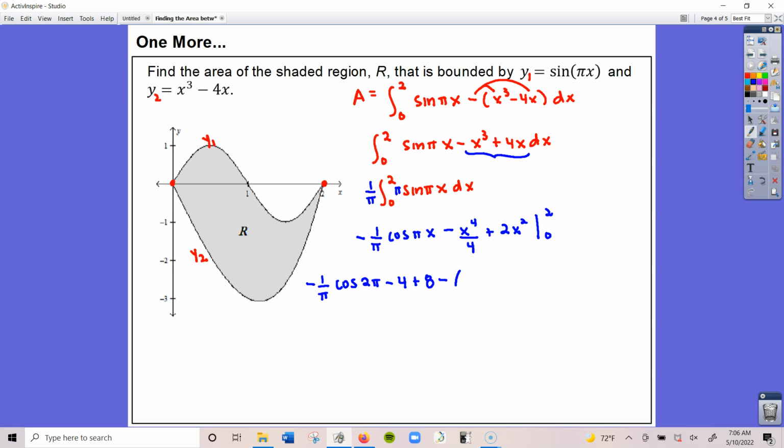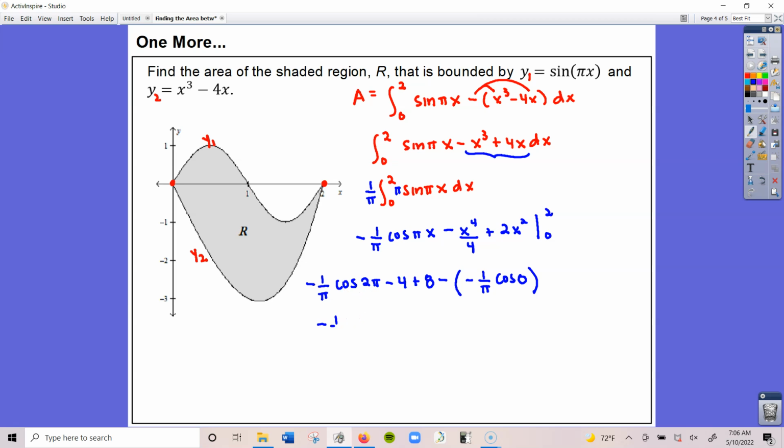minus when I plug in the 0. So this would be negative 1 over pi cosine of pi times 0, which is 0. And then all of this is going to end up being 0 anyway. Now let's evaluate. The cosine of 2 pi is 1.